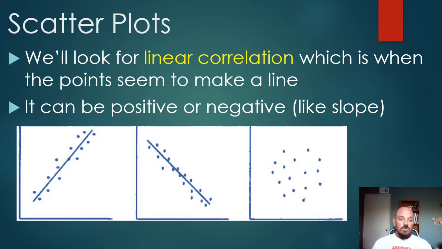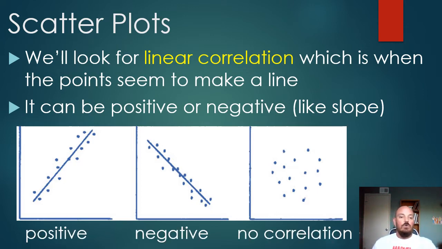Now the first one, there's a scatter plot, and I actually drew a line through it. The second one, same thing. The third one was like before. That's no real correlation. I don't see a line in there at all. So what I would say is the first graph has positive correlation because you can see the pattern of the points is a line that's increasing. It's going up, up, up, up, up.